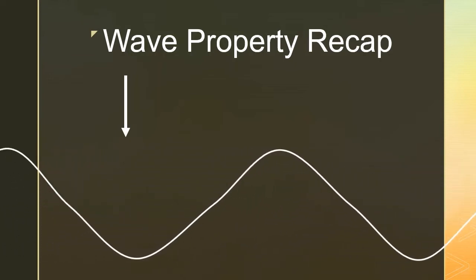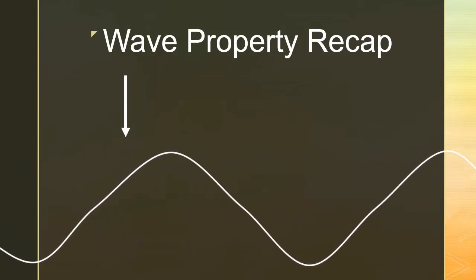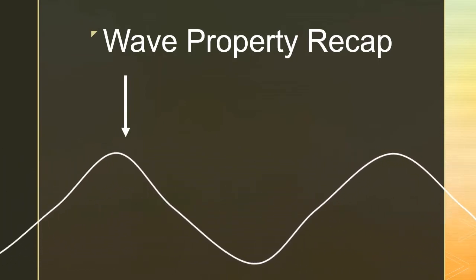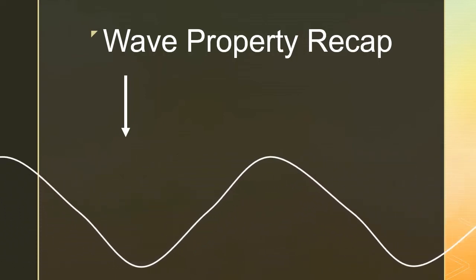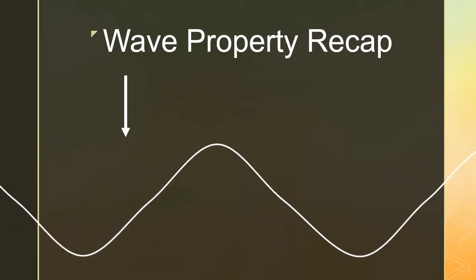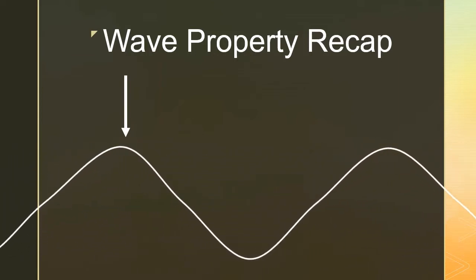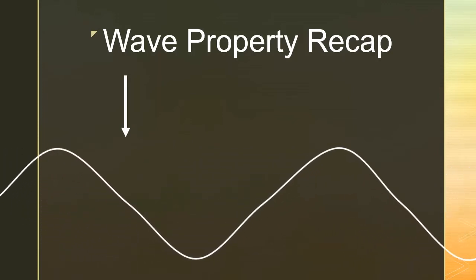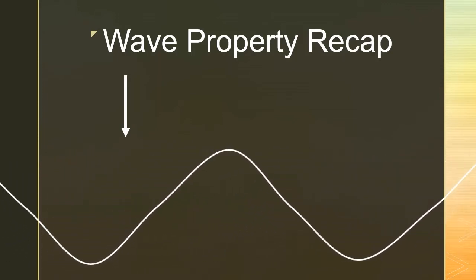So we're going to go, start. That is 1, 2, 3, 4, and my alarm is going off. So we've got there 4 crests passing that point in a period of 10 seconds.